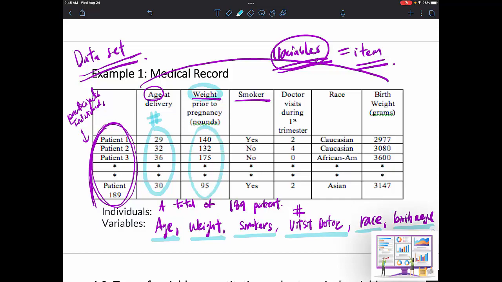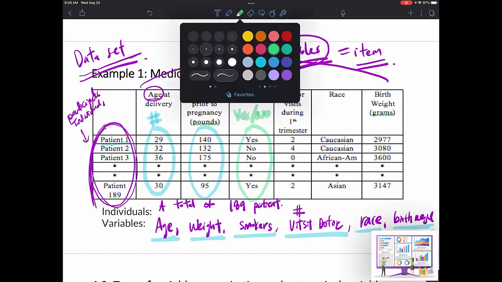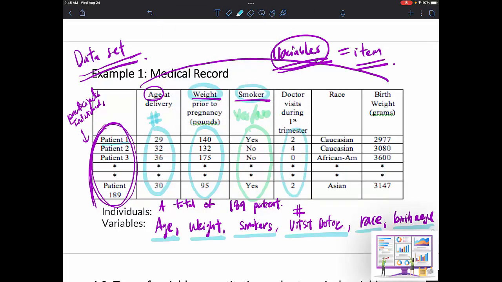Weight, age, they are numbers. But my question is this. How about the smoker? Is patient number 1 a smoker or not? When you answer that question, it's not a number. It is pretty much a yes or no question. So it looks like it's not a number. And then whether you visit a doctor twice, never, or 4 times, these are numbers.